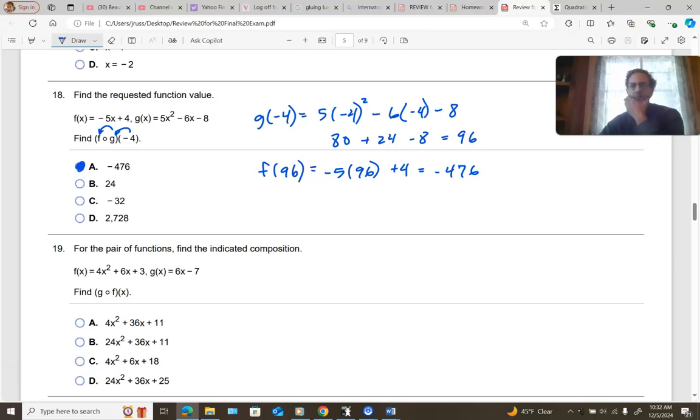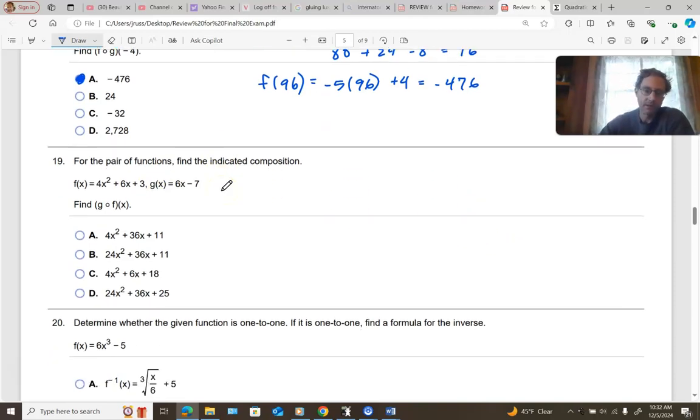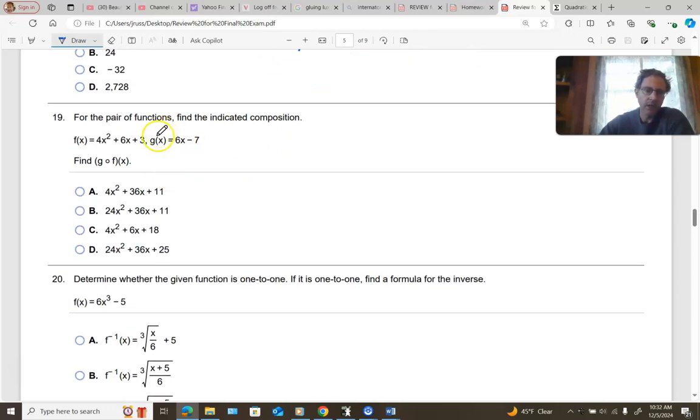Okay. Now, number 19, this stuff should be fresher in your minds, guys. This is what we just got finished covering. So now, we're not actually finding a composition for a specific value of x. We're going to be plugging f into g. That means we take this whole function f right here, and it goes into the x that's in g.